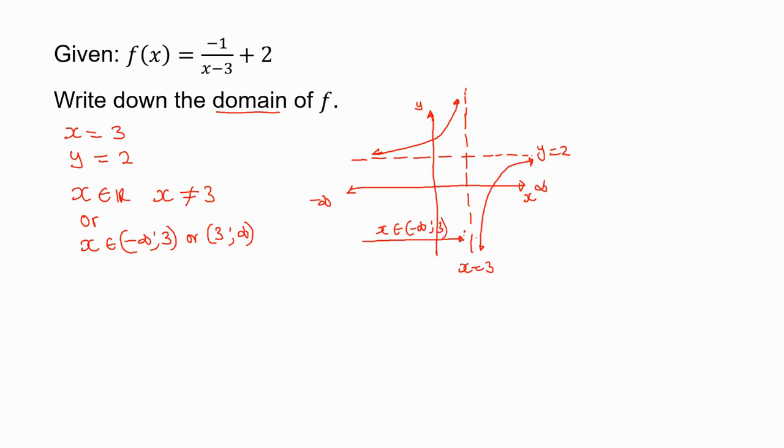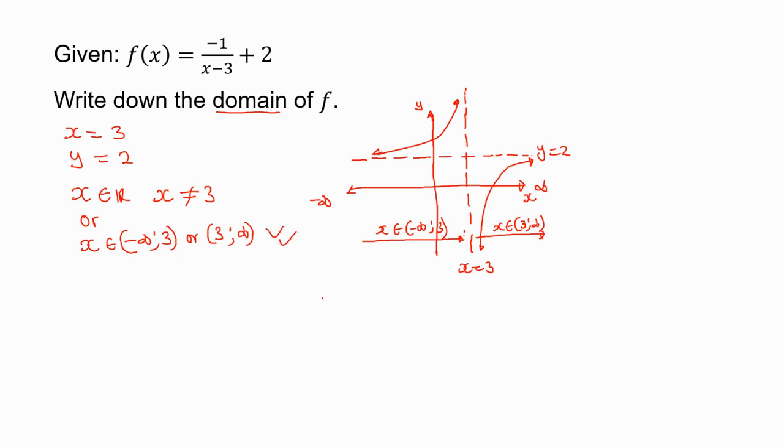Then we jump. You see that it appears on the left hand side of the vertical asymptote, then it appears again on the right hand side of the vertical asymptote. So from here going to infinity, x an element of from 3 to infinity.